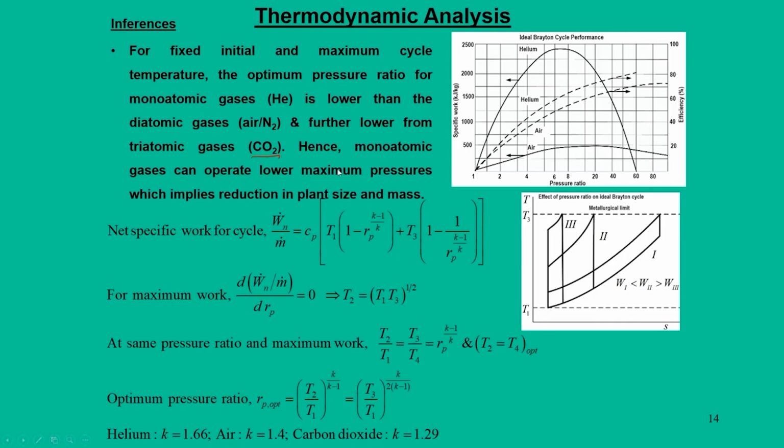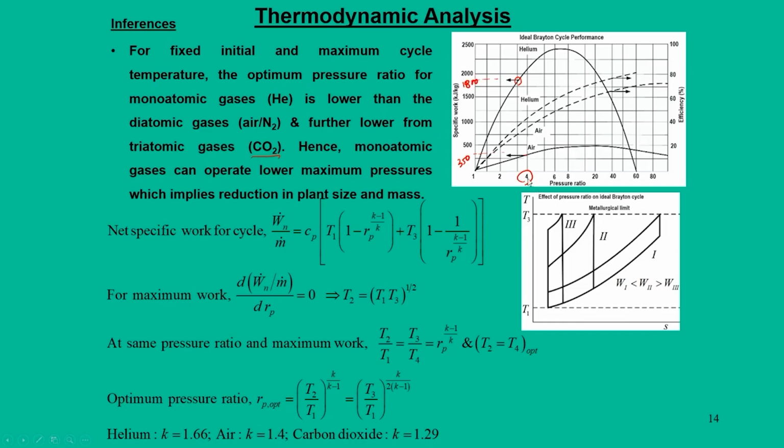But what happens is that when we use a monoatomic gas like helium, obviously for a given pressure ratio, let us say I take this pressure ratio as 4, with air as working fluid it can produce about 350 kilojoule per kg of work, but at the same pressure ratio helium has the capability to produce closely 1800 kilojoule per kg of work.